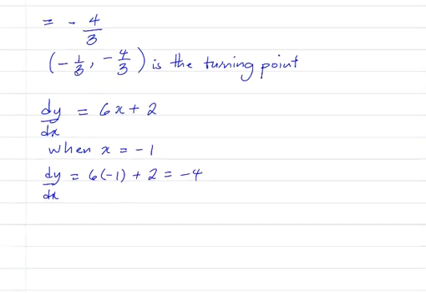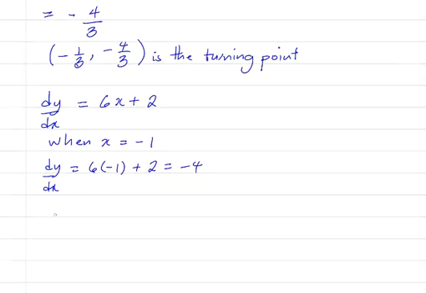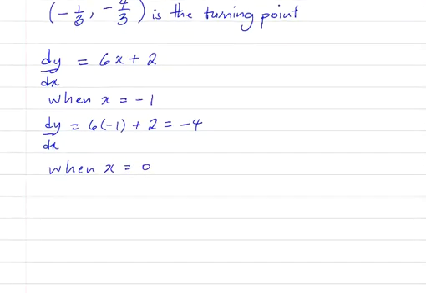Let's choose a value of x after the turning point. We can choose when x is 0. When x is equal to 0, dy by dx would be 6 times 0 plus 2, which is equal to positive 2. So just before x equals minus 1/3, the gradient is negative.